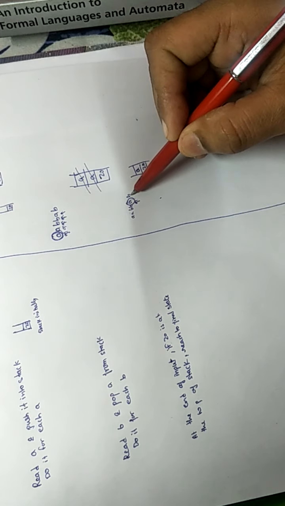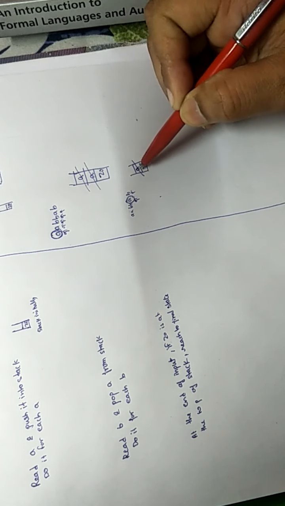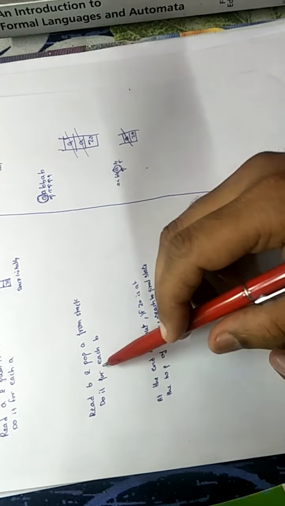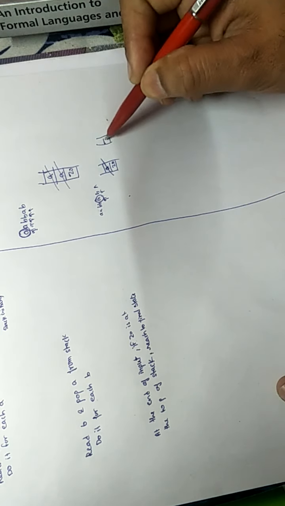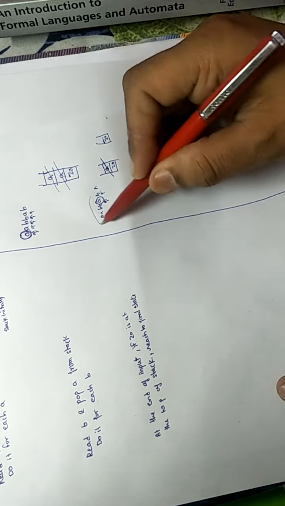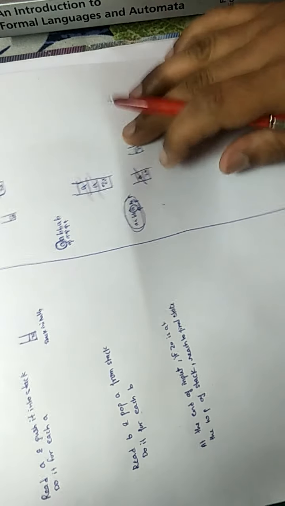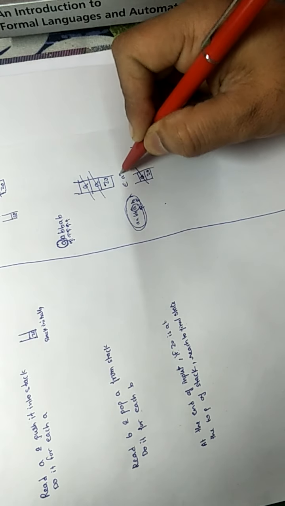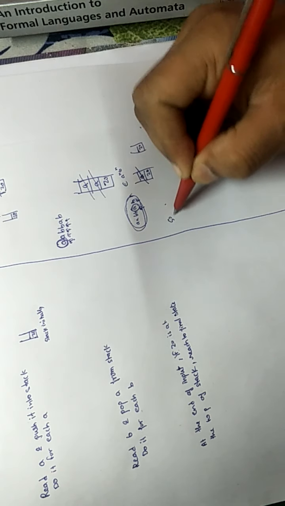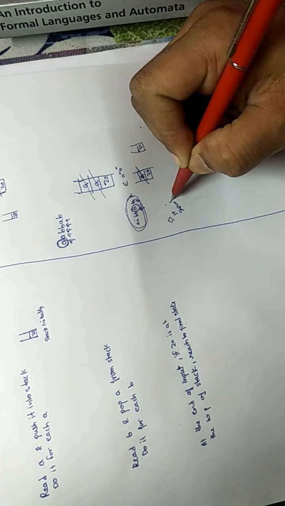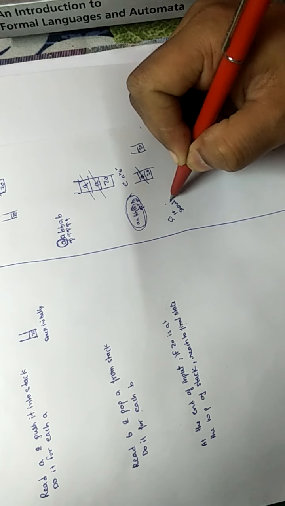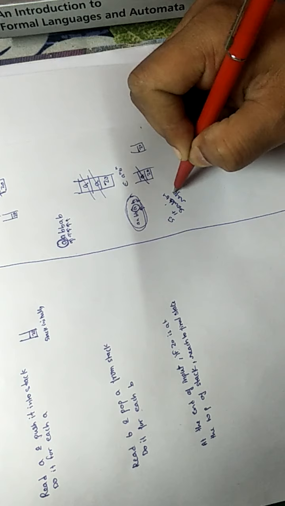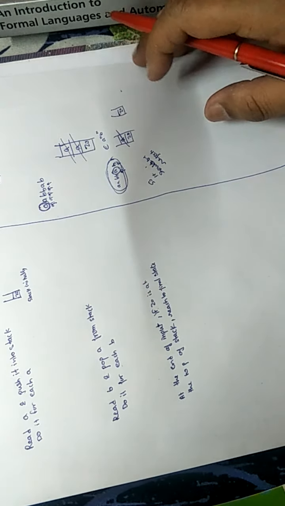Then it will read B and pop this A from the stack, and at the end of the input the stack will be Z0. So this input will be accepted, but it does not belong to A^n B^n and should be rejected, but it is accepted if we apply this procedure.